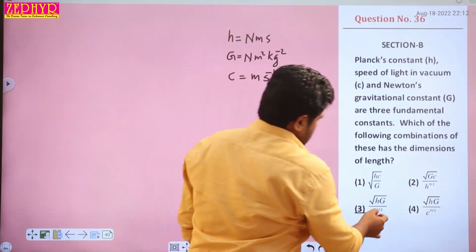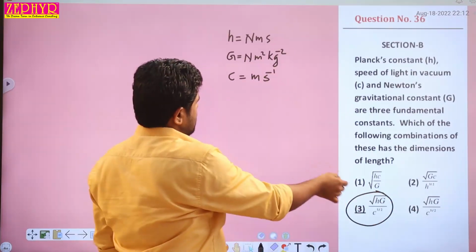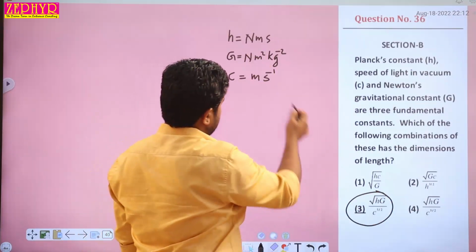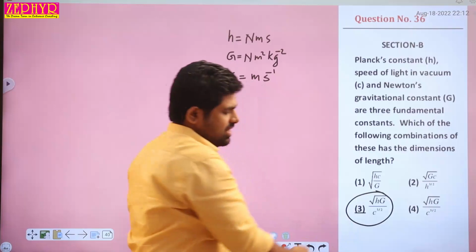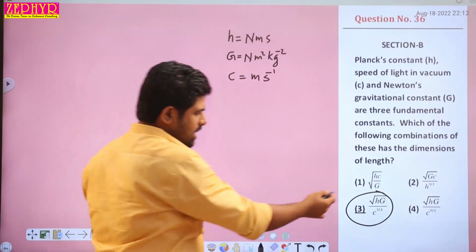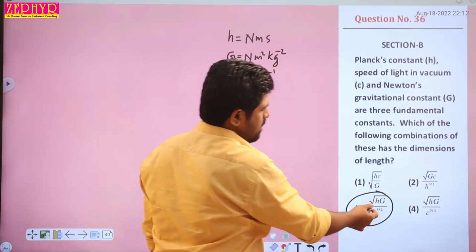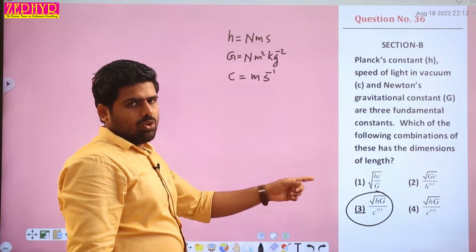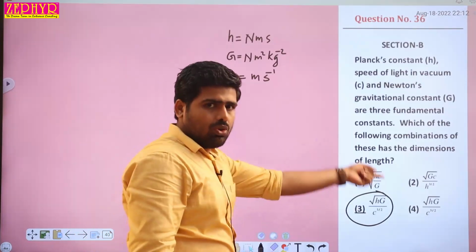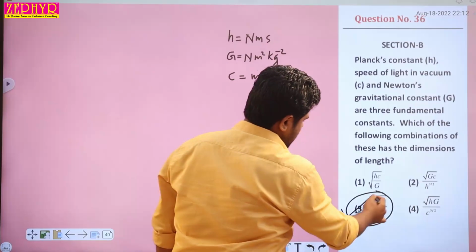Here, when I substitute the units of h, G and c in the third option, its dimension is equivalent to length. Therefore this one is the right option.